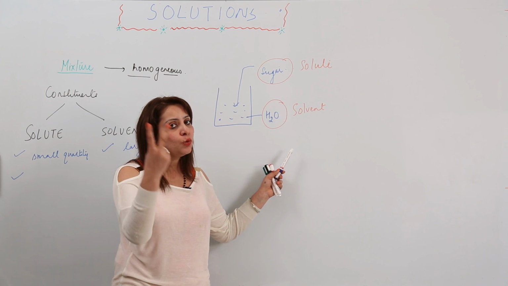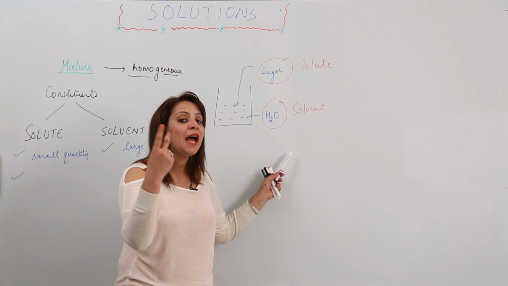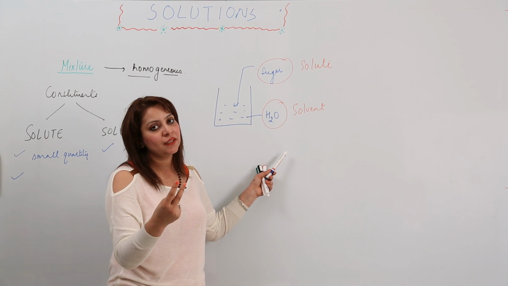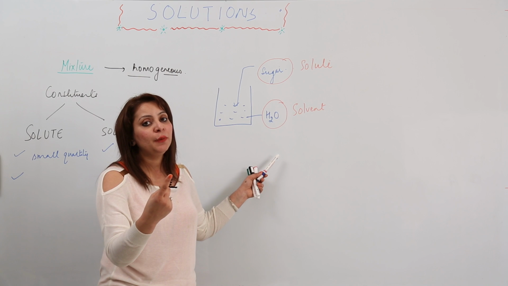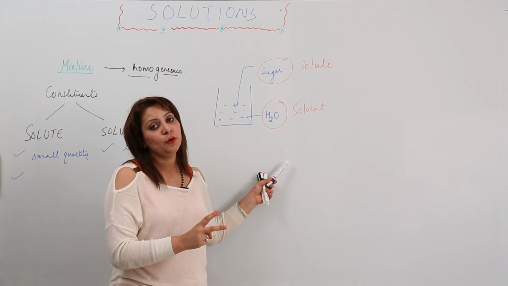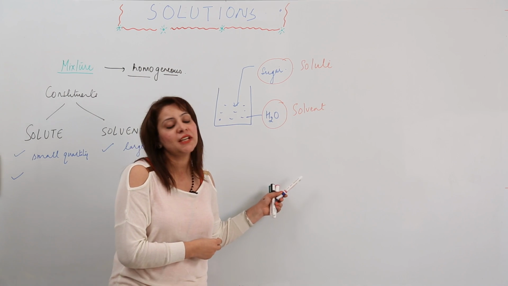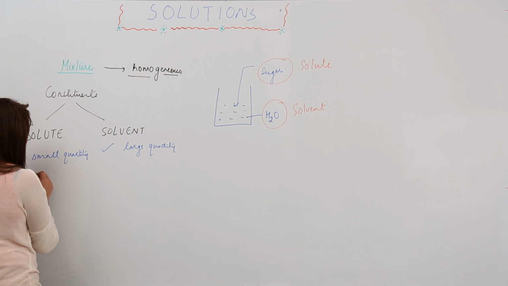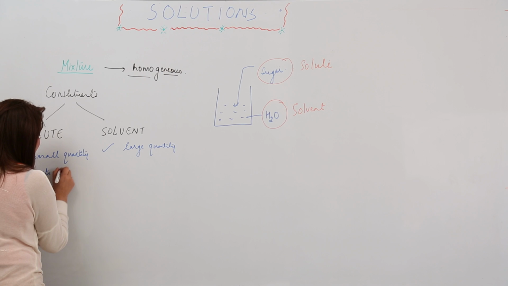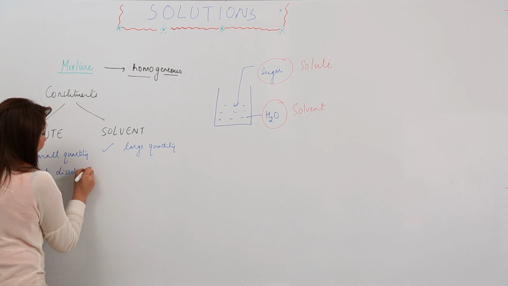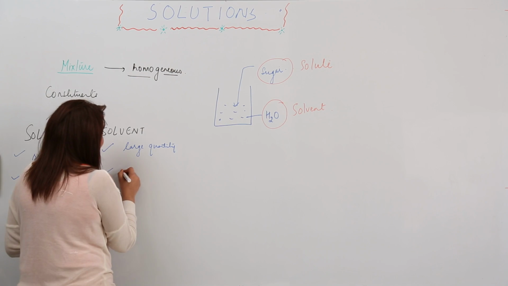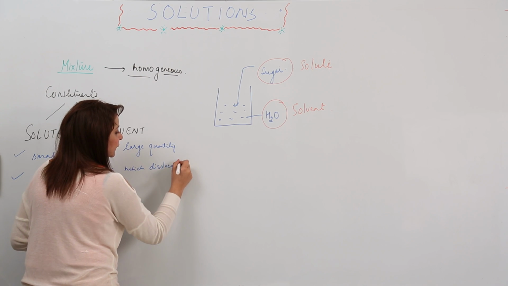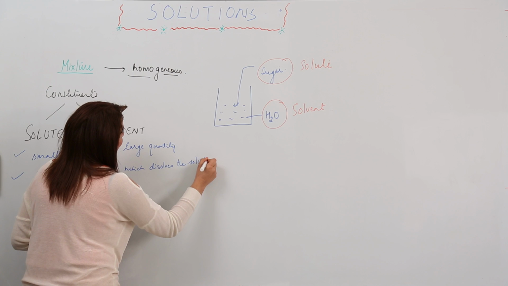So solute has two characteristics: small quantity, and it gets dissolved. The solvent also has two characteristics: present in large amount, and it dissolves the other compound. It has the ability to dissolve other substances. I'm just writing the second difference: solute is that which gets dissolved, and solvent is that which dissolves the solute, or you can say the other component.